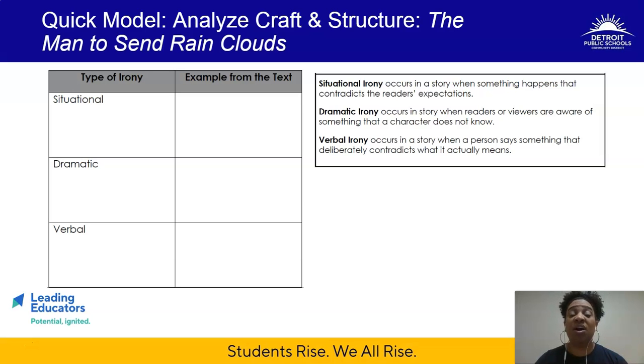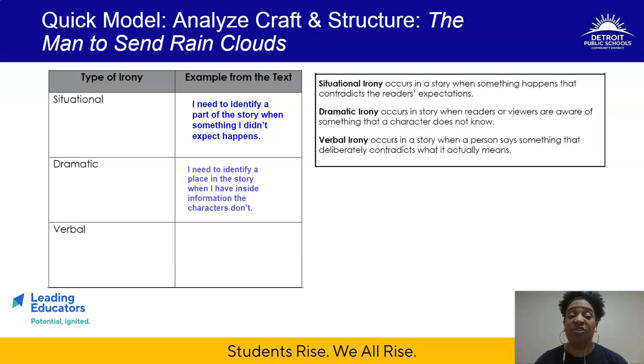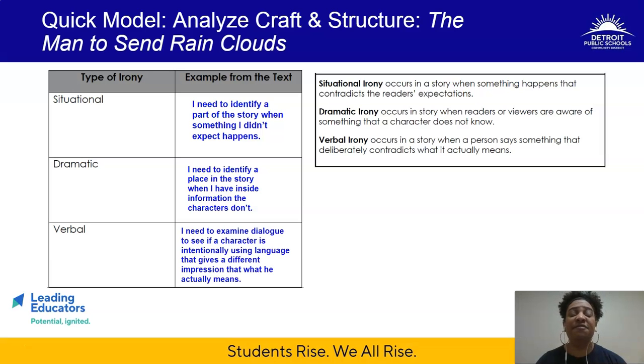And so your responsibility now is, for situational irony, you need to identify a part of the story when something I didn't expect happens. Then for dramatic irony, you're going to identify a place in the story when I have inside information that one or both characters do not. And then for verbal irony, I have to examine dialogue to see if a character is intentionally using language that gives a different impression than what he actually means.